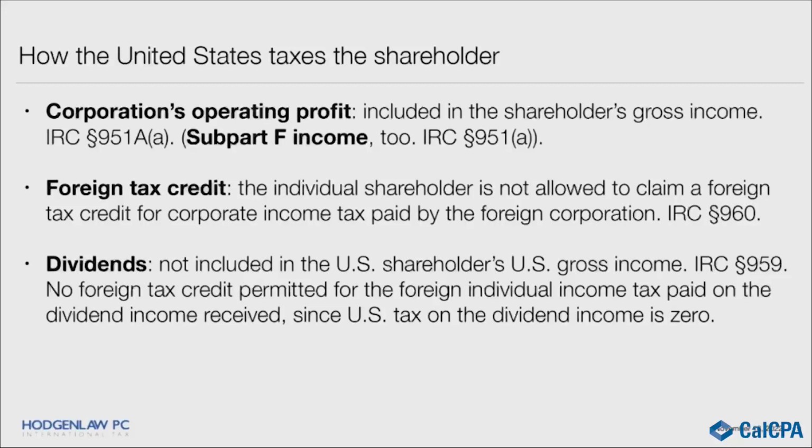It's because of that code section, section 959. Remember that a dividend is paid out of a corporation's earnings and profits. Well, the earnings and profits of this foreign corporation have been taxed in the United States because Section 951(a) passed all of that income through to the individual shareholder, and the individual shareholder paid U.S.